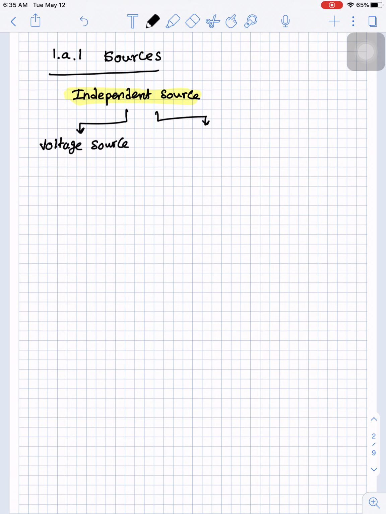For the independent voltage source, this is the symbol we use in the circuit. When you see this symbol, it means you have an independent source or uncontrolled source.